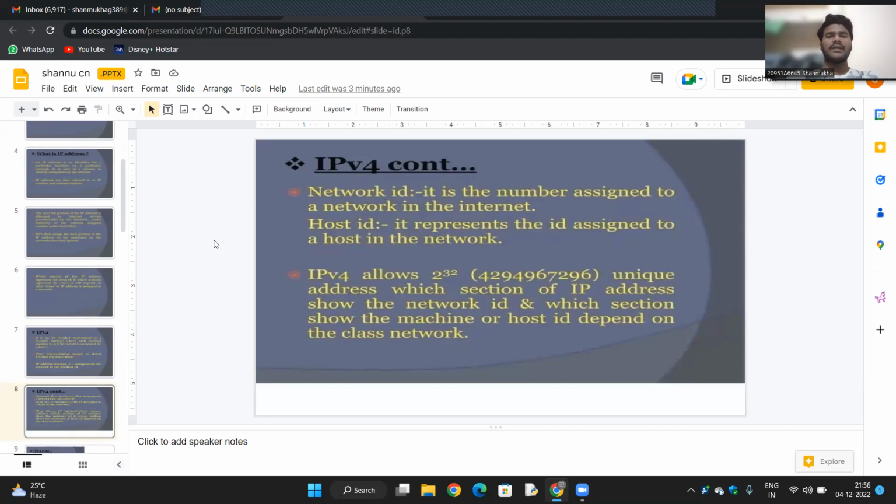The network ID is the number assigned to a network in the internet, and the host ID represents the ID assigned to a host in the network. IPv4 allows 2 power 32 unique addresses. Which section of the IP address shows the network ID and which shows the host ID depends on the class of the network.